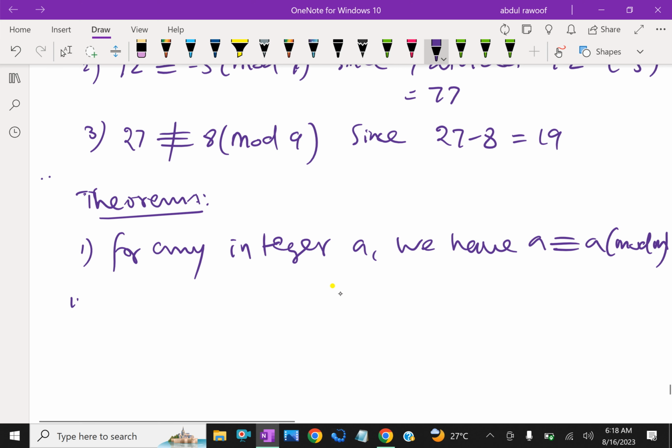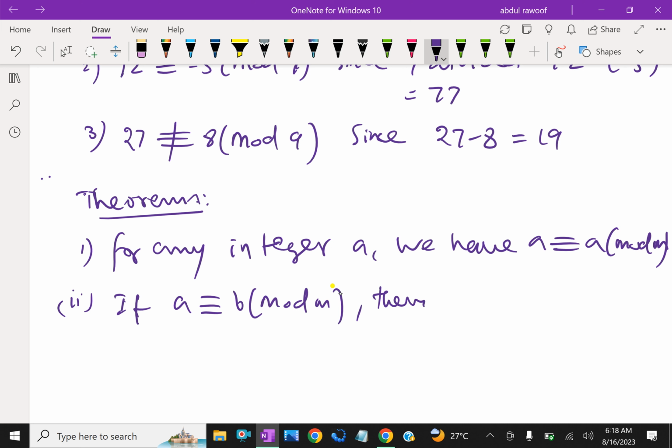Second one: if a is congruent to b mod m, then we can say b is congruent to a mod m.